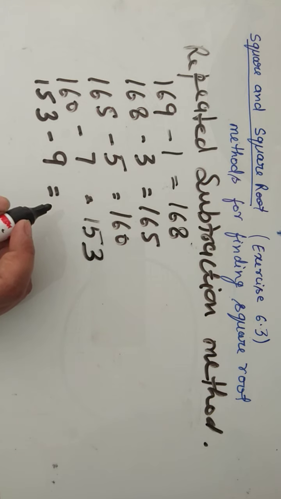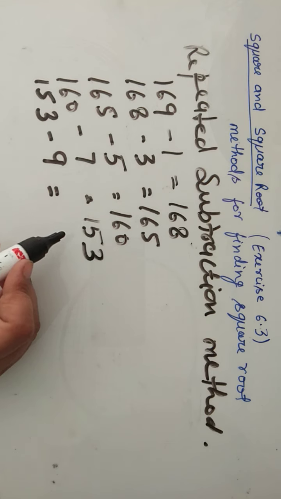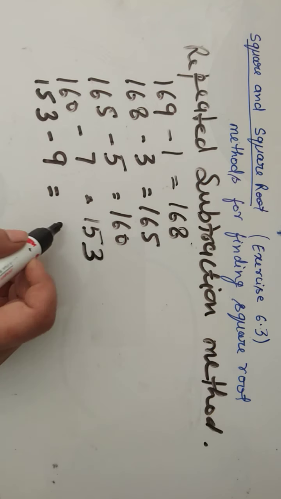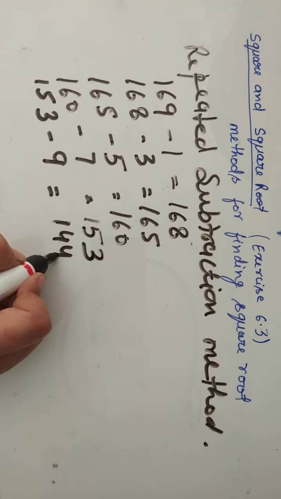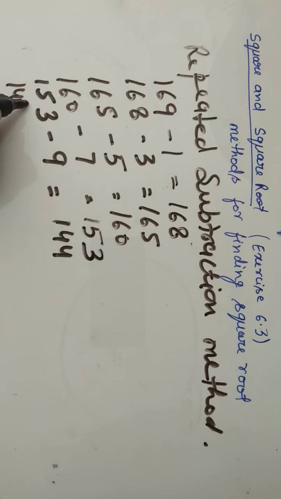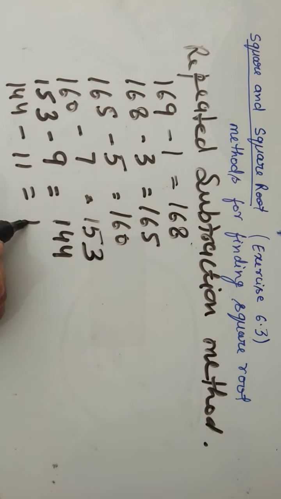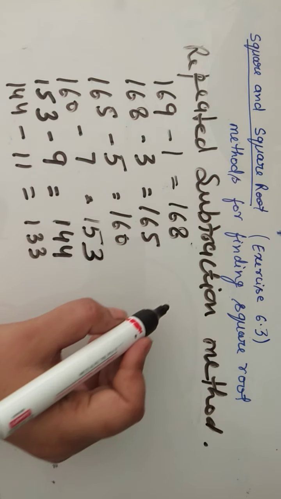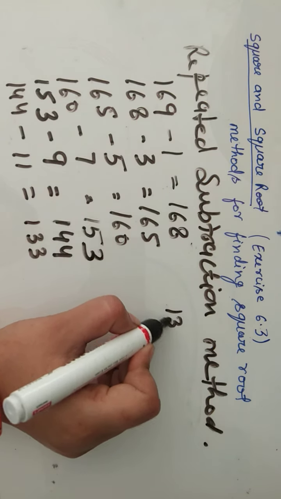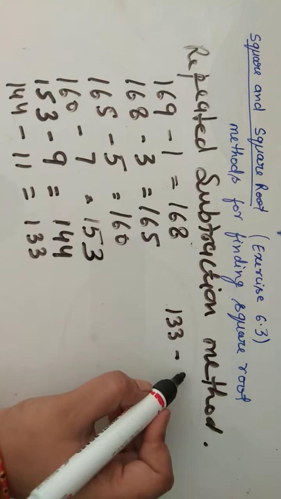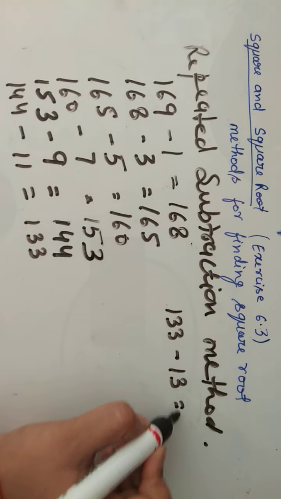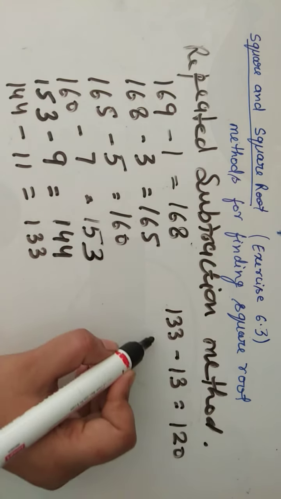The result we get is 144. Then after 9 it is 11, and we get 133. Then we subtract 13 and we get 120.